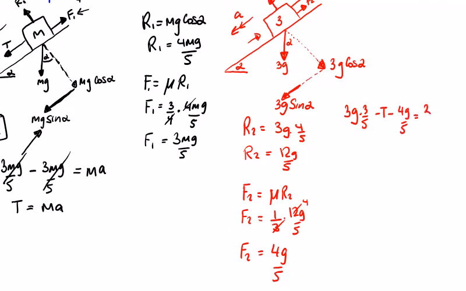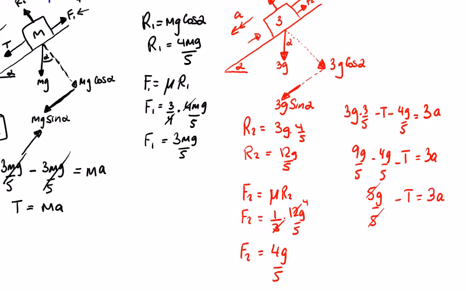That's equal to m, which is 3, times a. Simplifying this down, we get 9g over 5 minus 4g over 5 minus T is equal to 3a. So 5g over 5 is just g, so g minus T is equal to 3a.